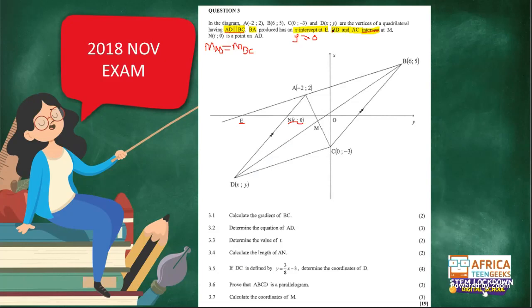What can we do at a point of intersection? At a point of intersection, it means we can equate.